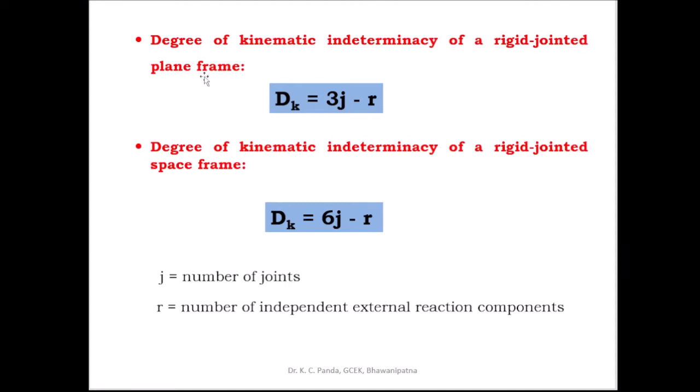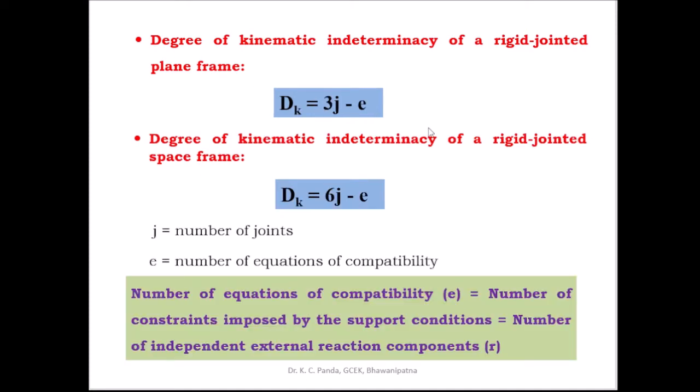for a rigid jointed plane frame, the degree of kinematic indeterminacy is Dk equal to 3j minus r, because e, the number of compatibility equations, is equal to the number of constraints imposed by the support conditions, that is equal to the number of independent external reaction components, that is e is equal to r.